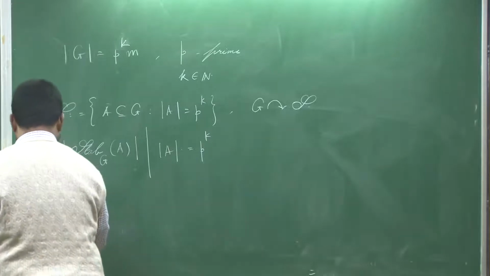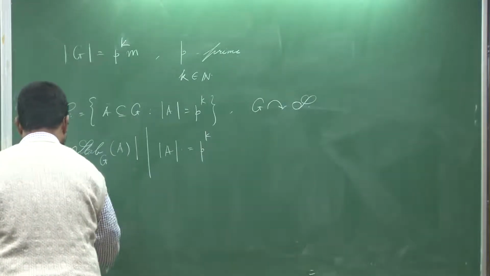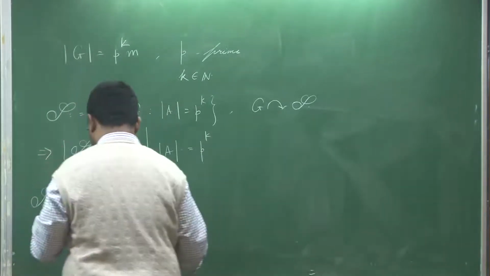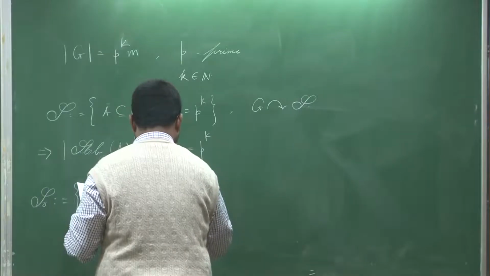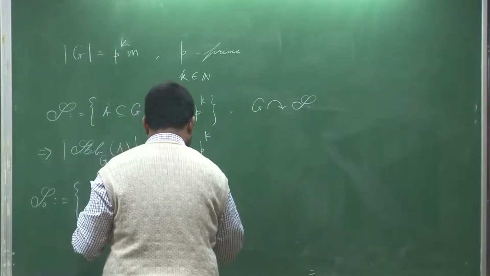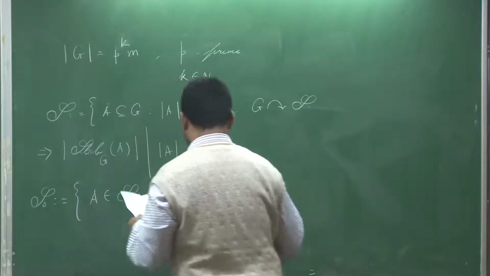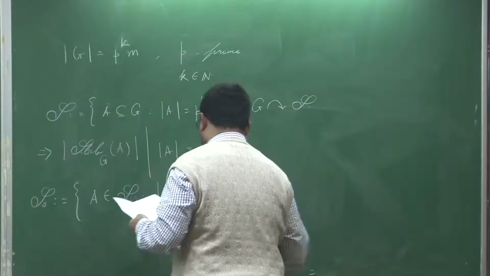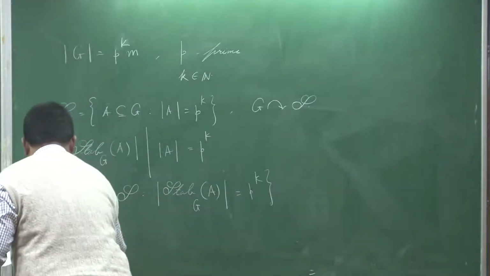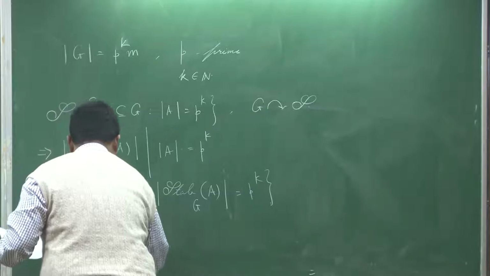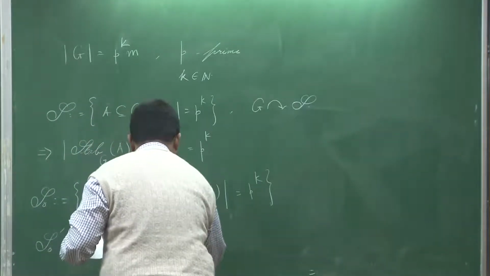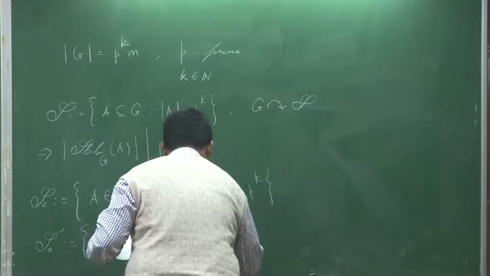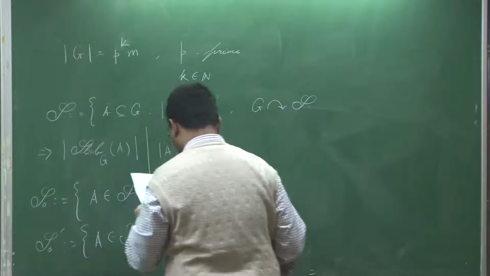Based on that we define the following subsets, purely based on that. S naught is the set of subsets such that the stabilizer of A has order p to the power k, and in the other case we consider only those subsets whose stabilizer has order less than p to the power k.